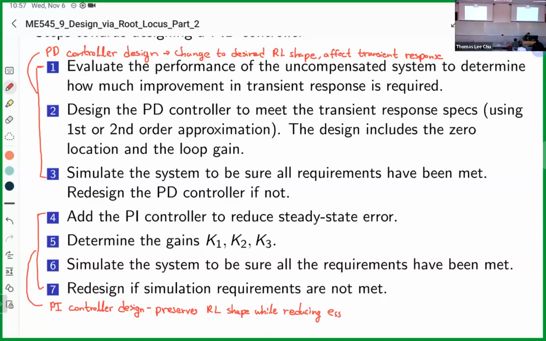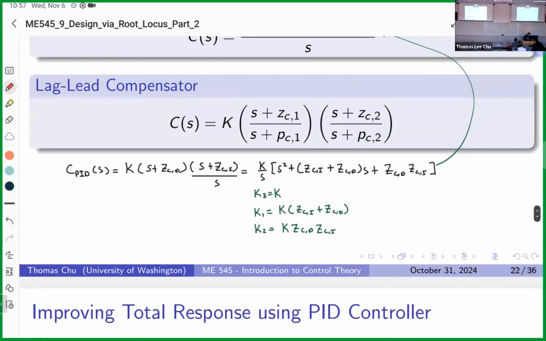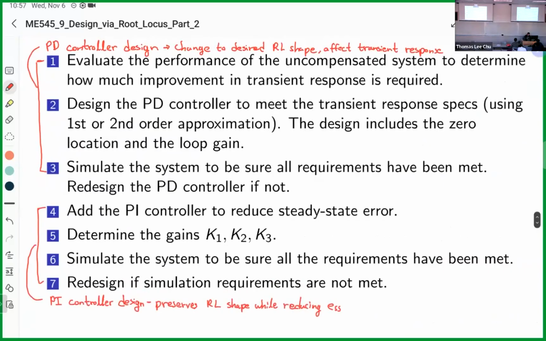It then determines your gains K1, K2, and K3. Actually, I don't think you really need to determine the gains K1, K2, and K3. You just use the gains from your PD controller. And then simulate the system to be sure all requirements have been met and redesign if simulation requirements are not met.